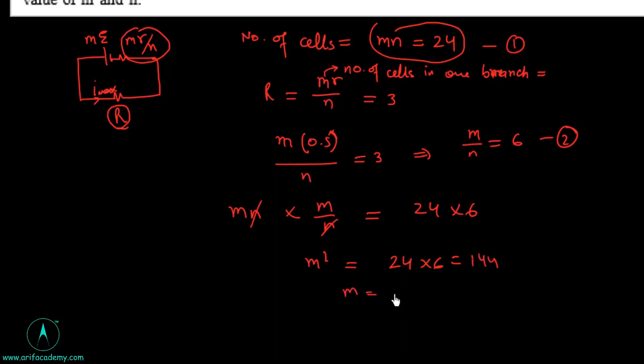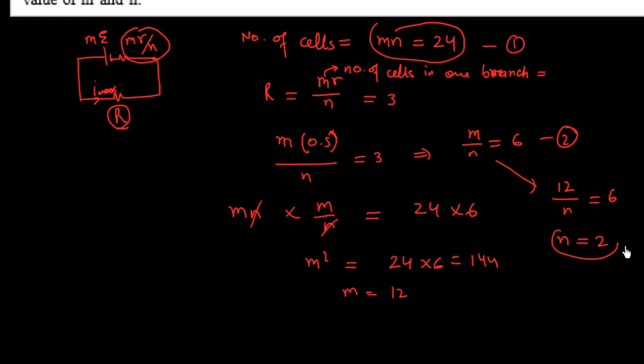So m equal to 12. Now putting the value of m here, we get 12 by n equal to 6, so n equal to 2. So we have obtained the values of m and n.